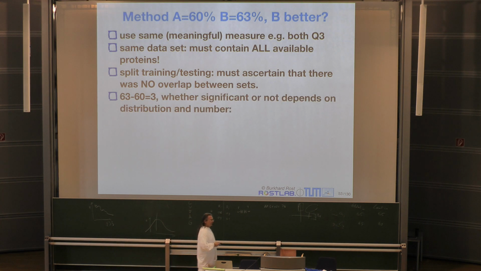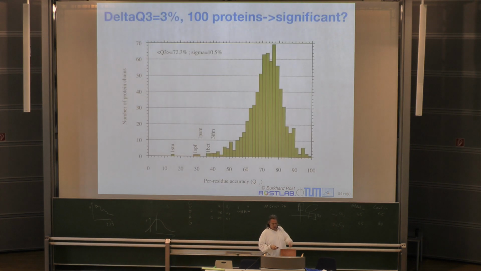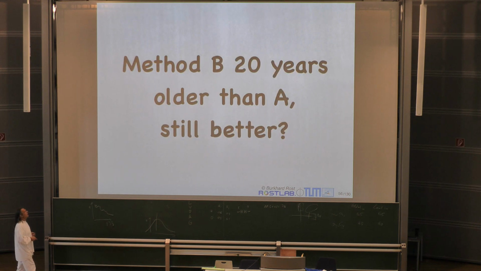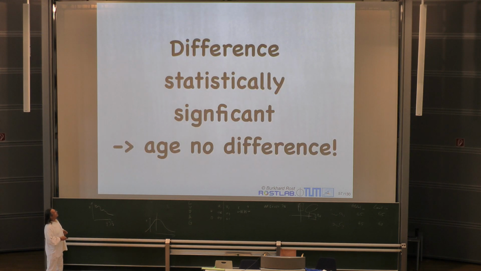And significance is a statistical issue. So that ultimately gets back to the question, how wide is the distribution here? The width of that distribution leads to a standard error. And that standard error essentially defines how big a difference must be: you should be at least 2 standard errors away from the difference.